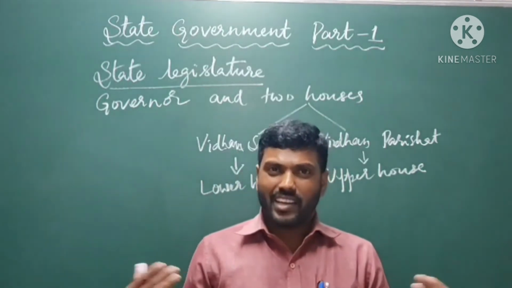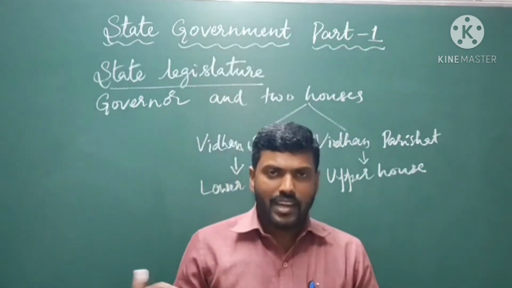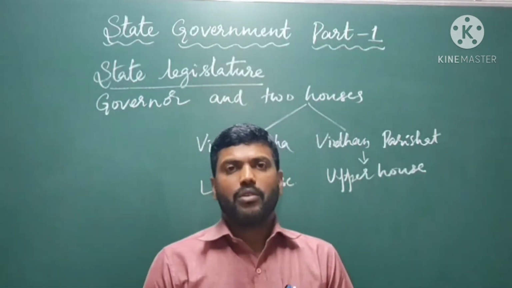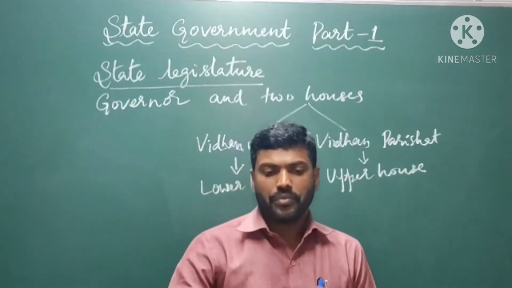People will directly elect the members of the legislative assembly through voting. The legislative council members are not directly elected by the people through election. That is the important point you have to know.